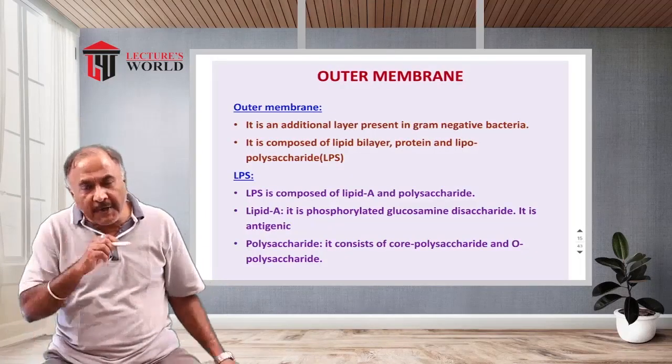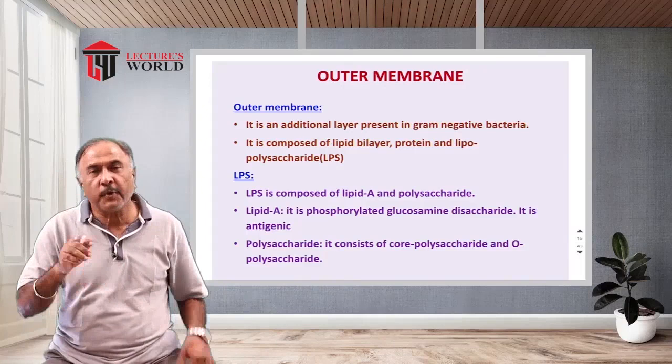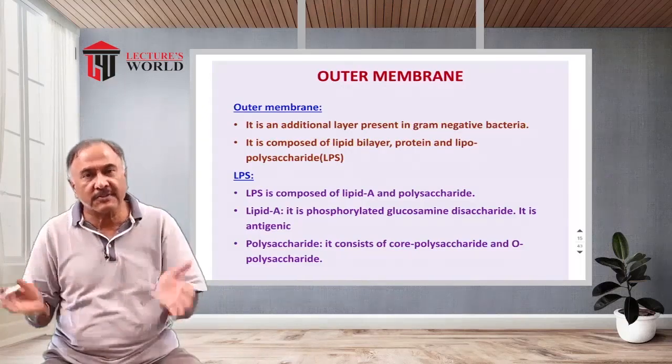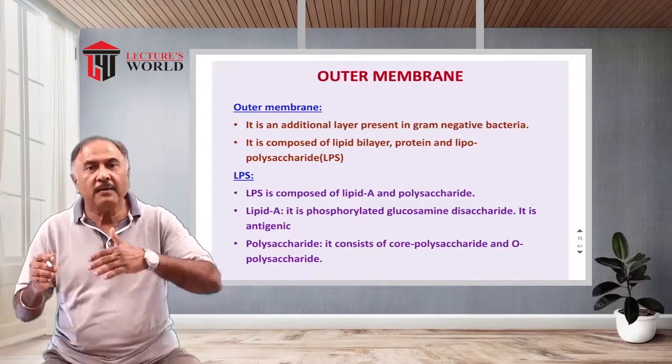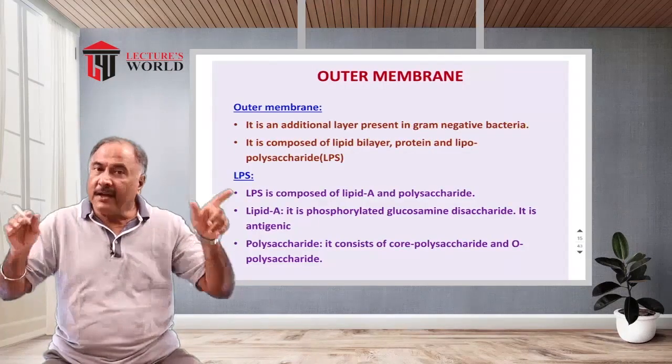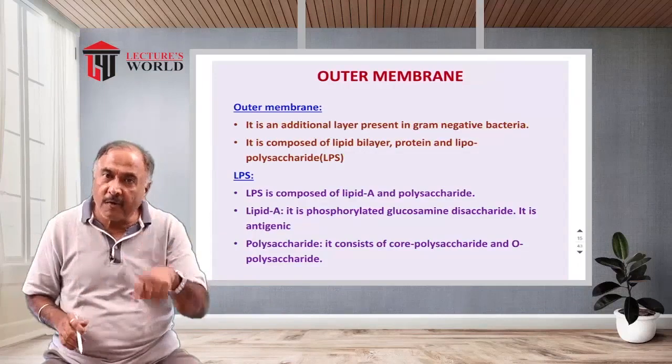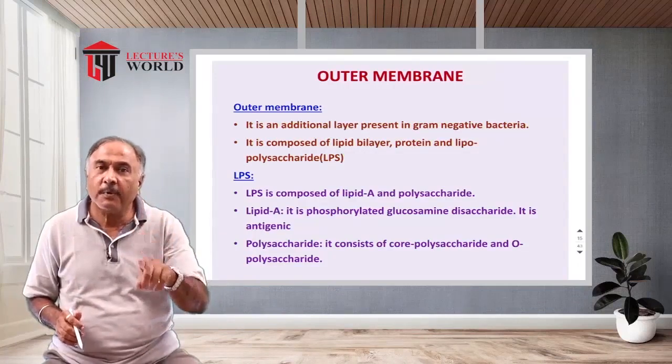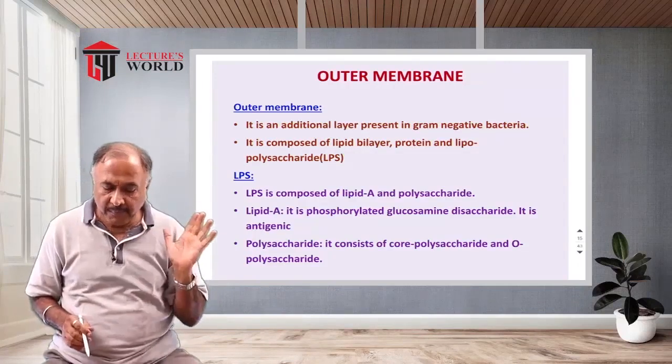The cytoplasmic membrane is a layer which covers the cytoplasm, and on the cell membrane there is another layer. In the case of gram-negative bacteria we call it lipopolysaccharide or the outer membrane.